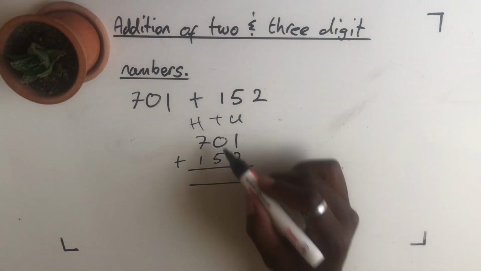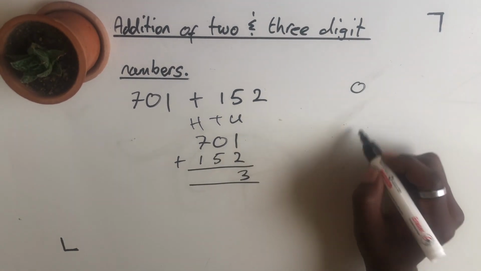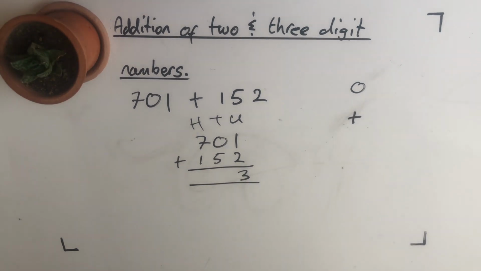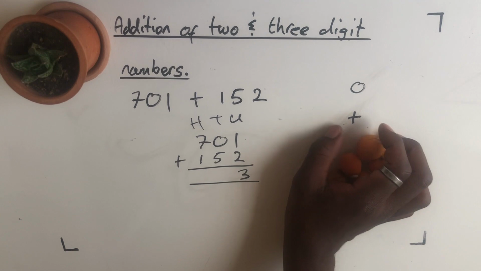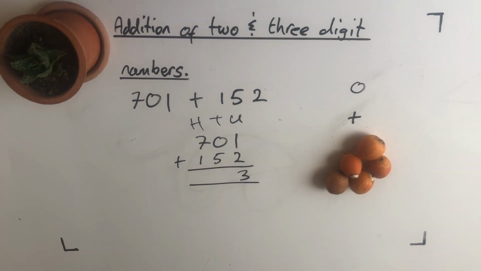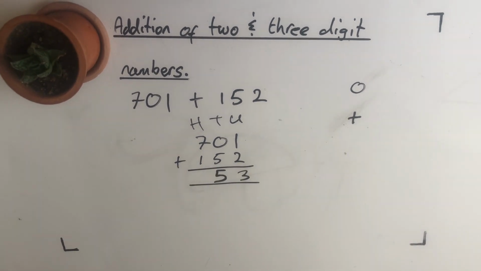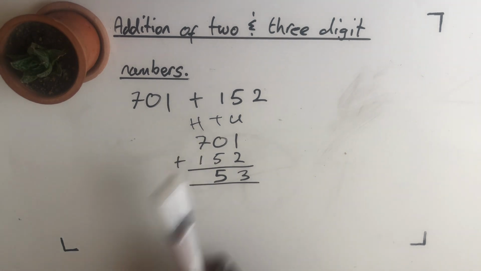Move on to the tens. That's 0 plus 5. Yet again, 0 plus 5 will give me 5. Okay? And then we move on to the hundreds. The hundreds here, I have 7 hundreds and 100 here.